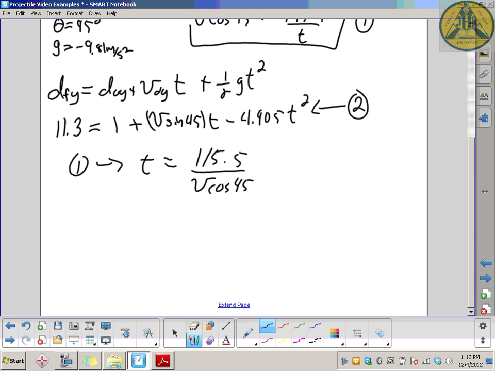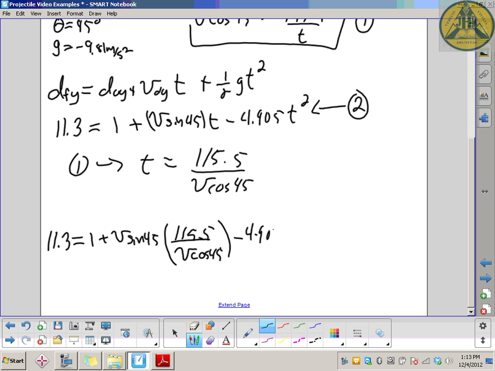Put that into my second equation, so that now looks like this. Sine 45 times 115.5 over v cos 45 minus 4.905 times 115.5 over v cosine 45, all squared.